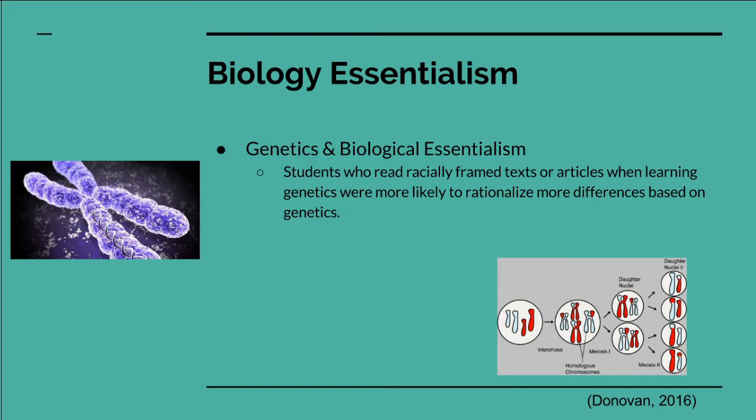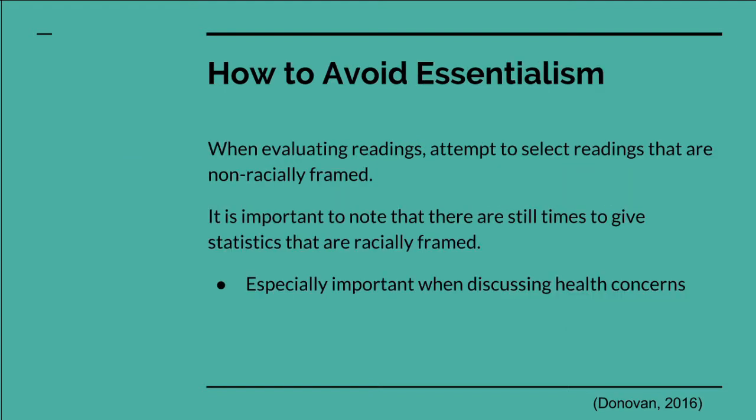And the problem is that racially framed genetic articles begin to allow for those thought processes to form, and it doesn't combat those biases. So to combat that, you need to evaluate the readings and attempt to select readings that are non-racially framed. Make sure that when you're going through, it's not targeting certain groups by pulling out statistics and things like that.